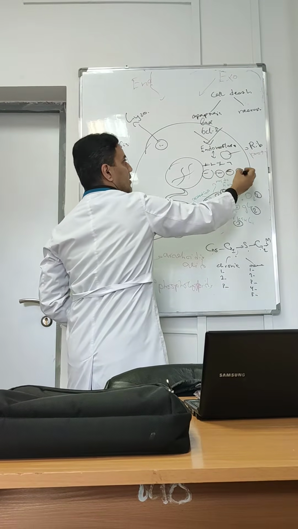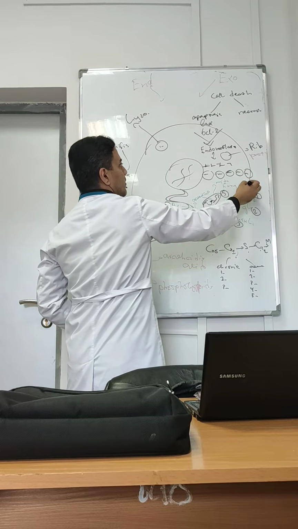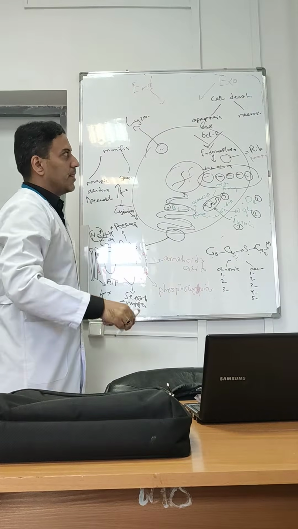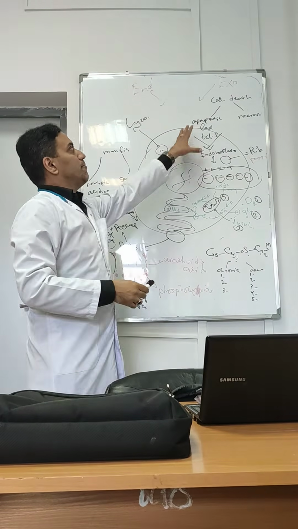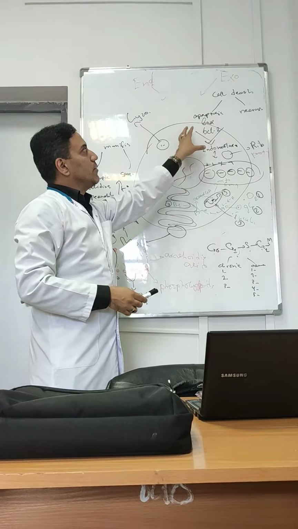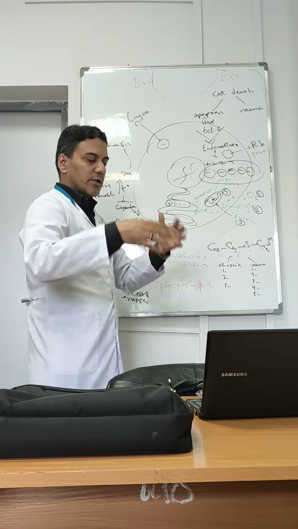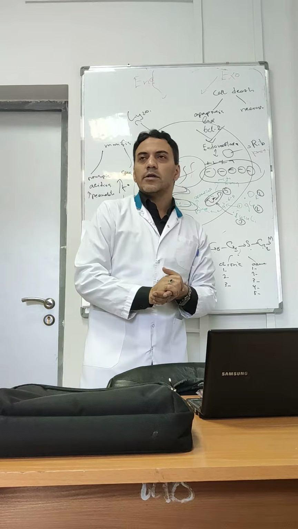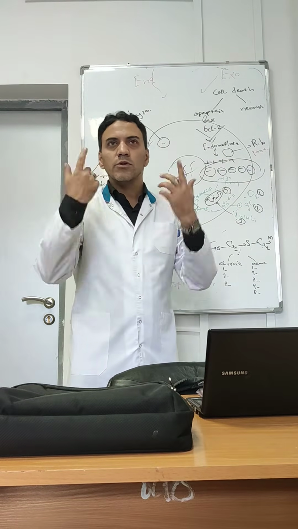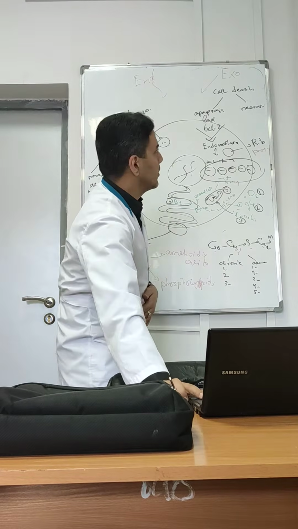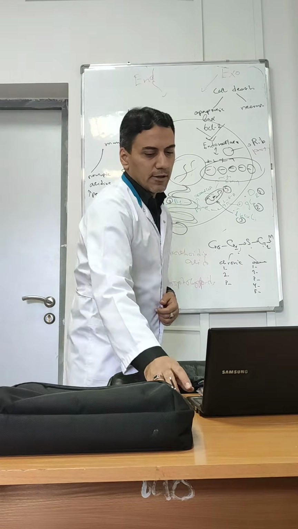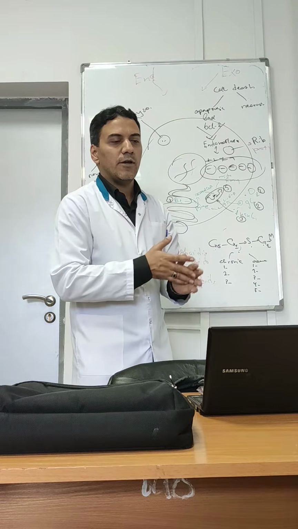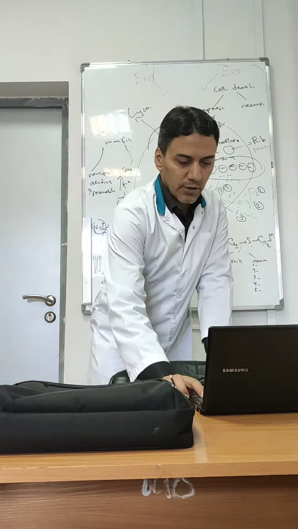We call these apoptotic bodies, and then macrophages come and phagocytose them. Apoptosis can be the basis of some normal functions in our body, for example, the menstrual cycle and aging. But necrosis is abnormal cell death, a consequence of inflammation, damage or dystrophy.